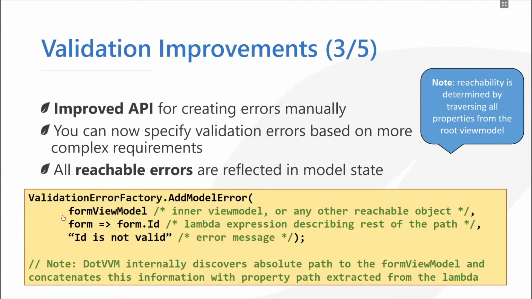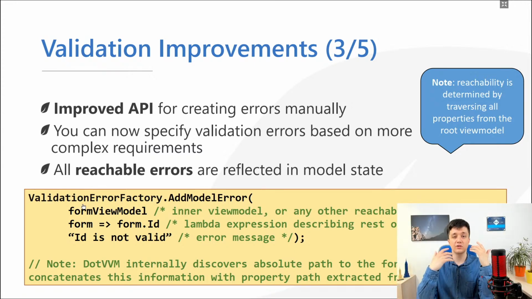You can set an object that should be automatically found by DotVVM. So internally, DotVVM will basically resolve the path from the root view model to the form view model. And if the object is reachable, then we know that the validation error should be attached to that object.